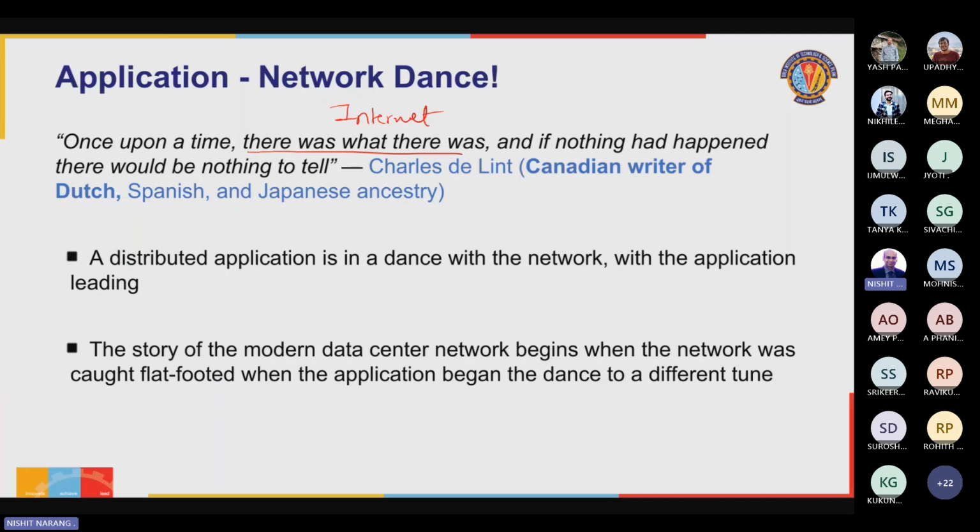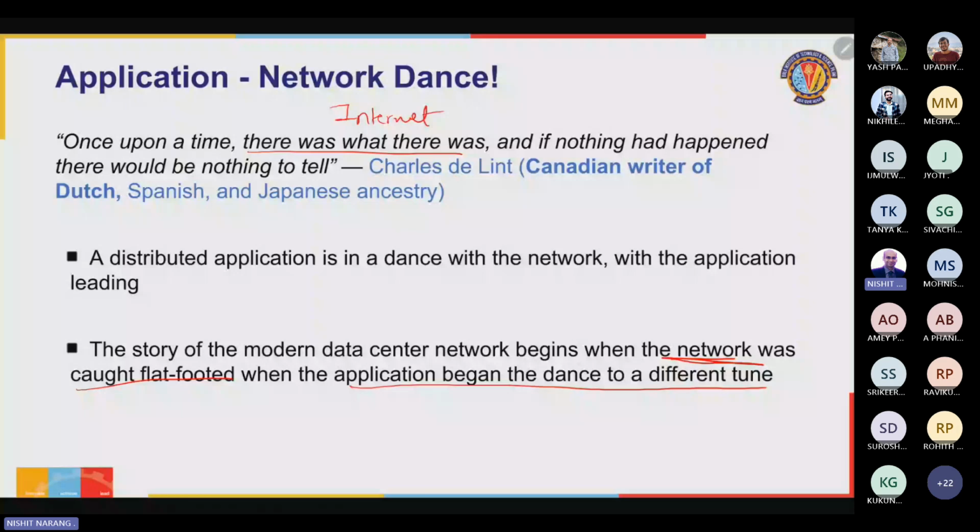But that was a misconception. Because the story of the data center begins when this network, which was designed with the internet as the ideology, was caught flat-footed in the dance when the application started to dance to a very different tune. And the network wasn't even prepared to follow or understand this tune.